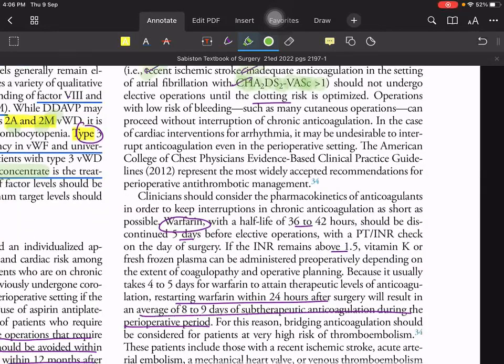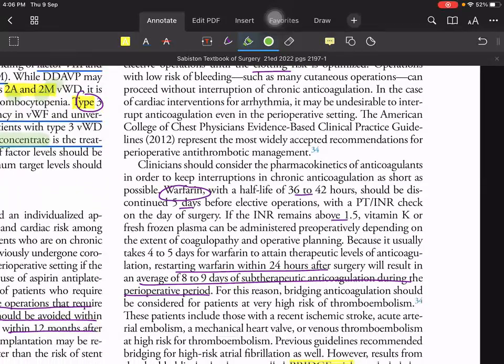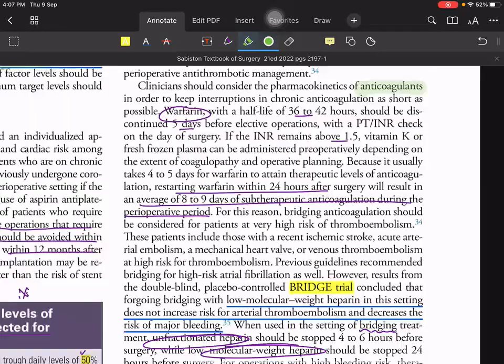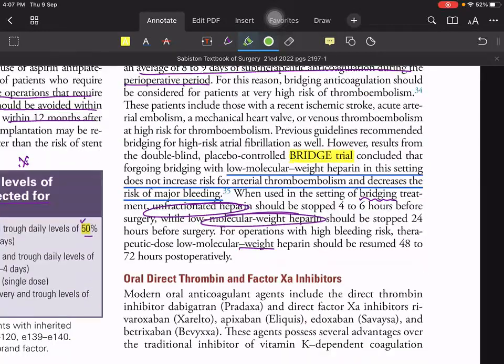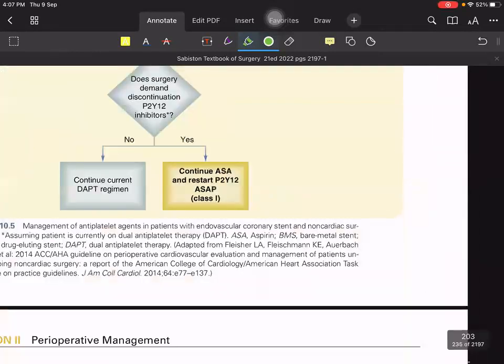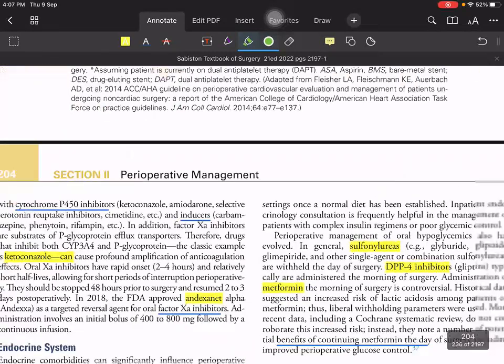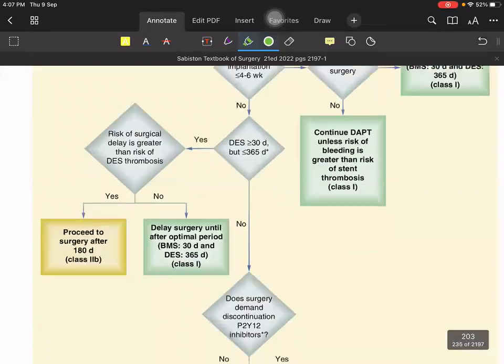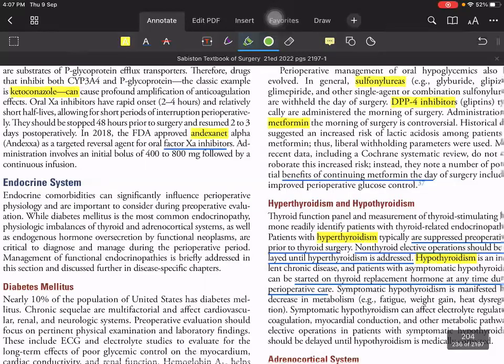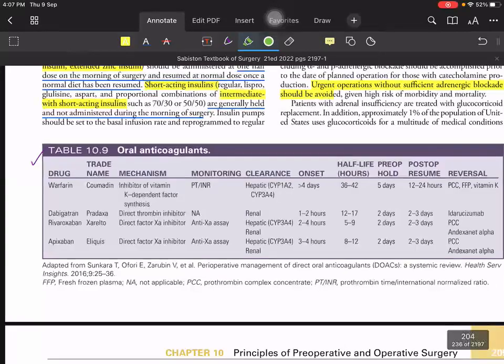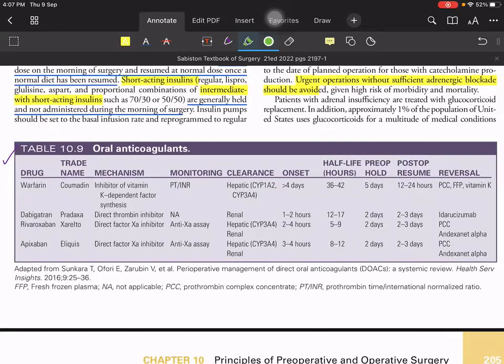Okay. So let's come to the different anticoagulants they are using. What is the half-life, the INR, where should it be used and where should it not be used, and how many hours before it should be stopped? Everything is very important in this topic. So they have given this table, Table 10.9, oral anticoagulants.